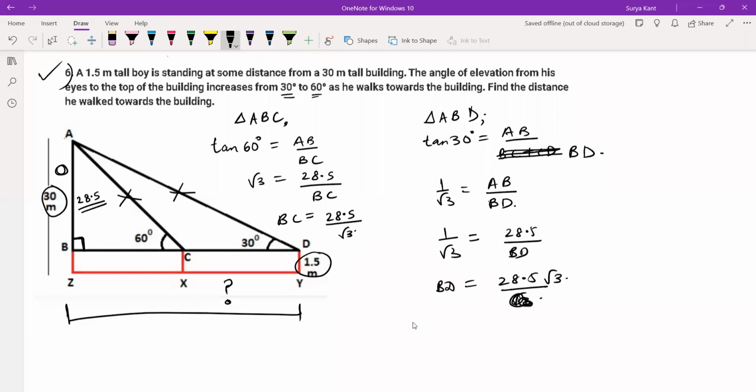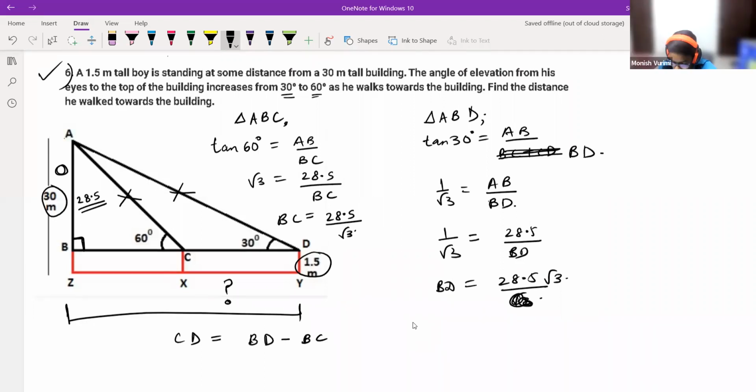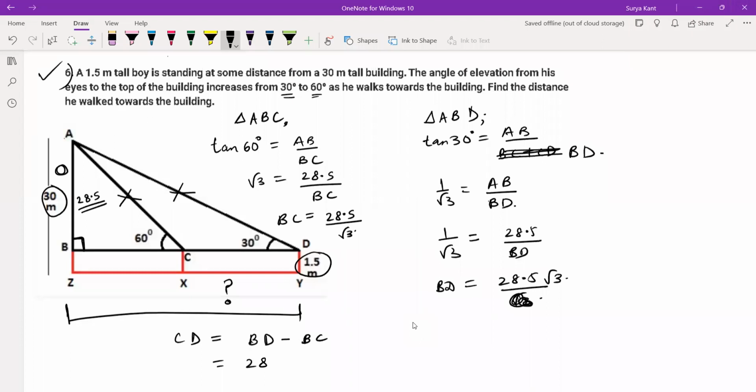So now we are finding CD. What is CD? CD is nothing but complete BD minus BC. BD is 28.5 √3 minus 28.5 divided by √3.